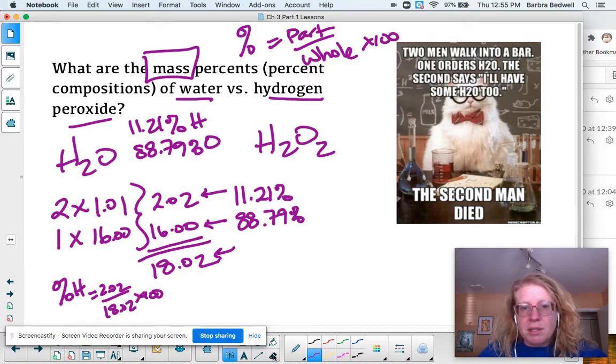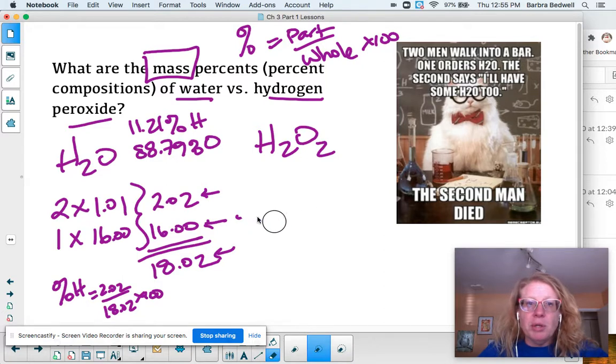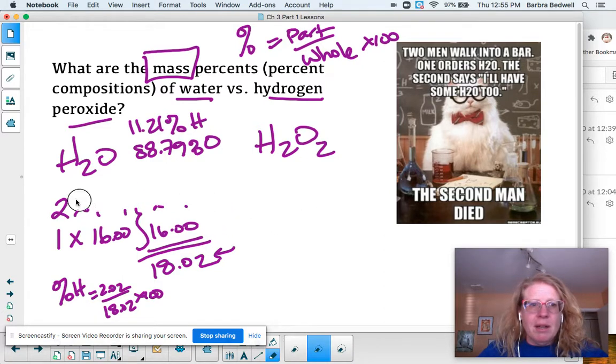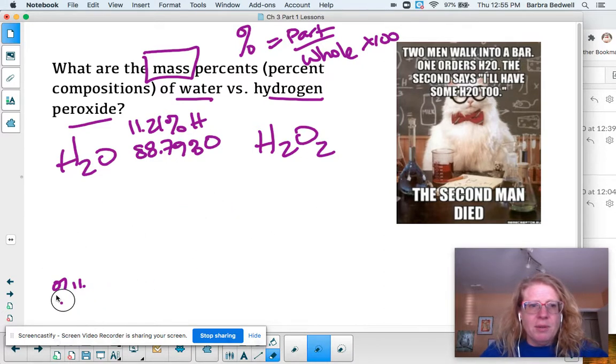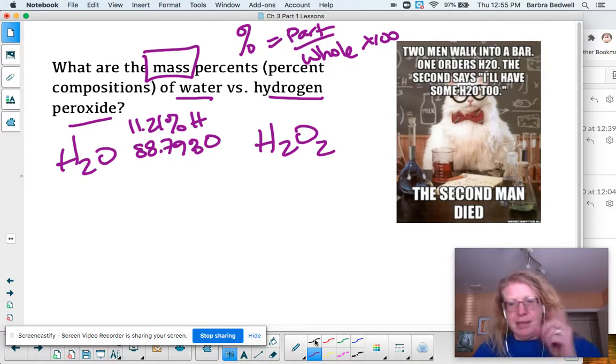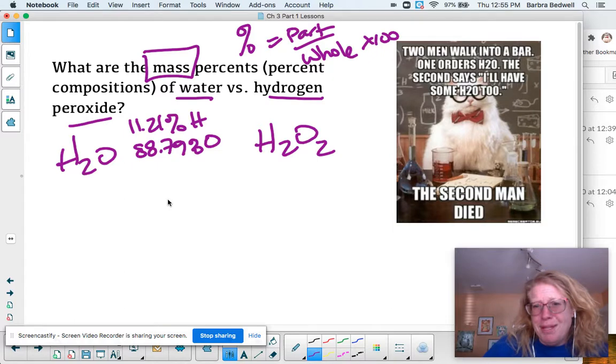So let's compare that to what's going on in H2O2 because it's similar, but a little bit different. So if we do this one, H2O2, and again, this would be a good time for you to pause and apply your knowledge to it because it should be done pretty similarly. So H2O2, got to do part divided by whole. So hydrogen versus oxygen.